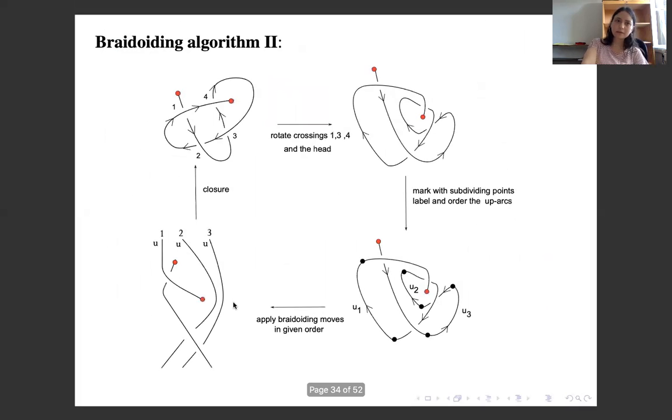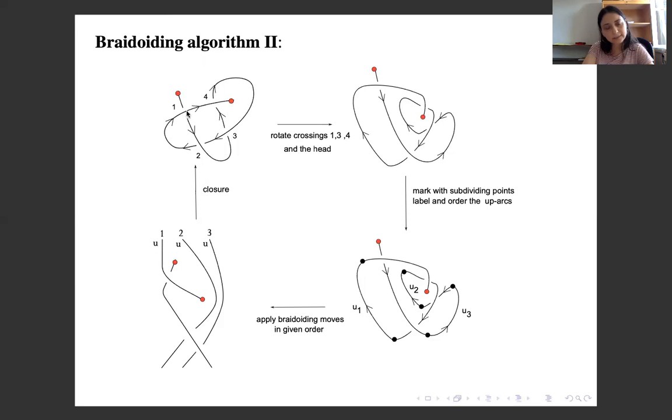And the second algorithm is more like a topologist's algorithm. We make some rotations for the crossings of the given diagram if the crossings contain one or two up arcs. Here we start with the same knotoid diagram example, and we see that the first, the third, and the fourth crossings contain up arcs.